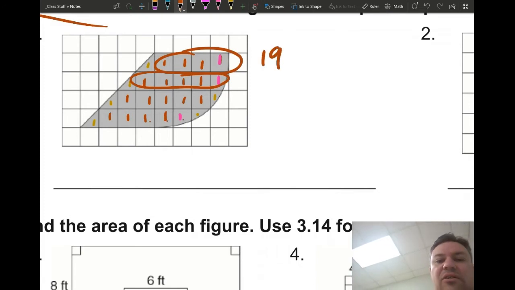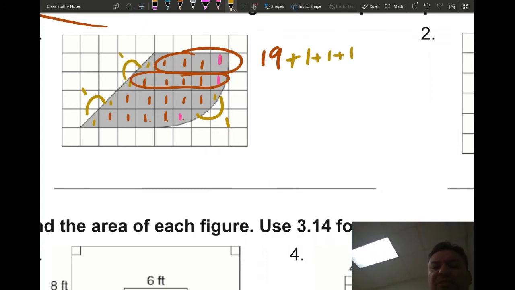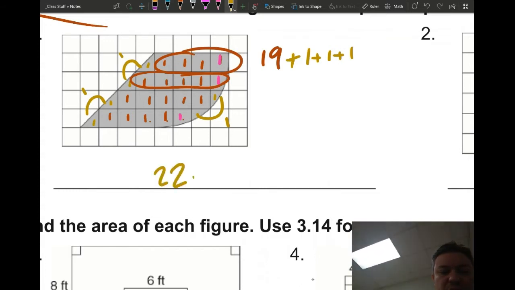So 19 whole or almost whole ones. Then I'm gonna focus on the yellow ones. These two are gonna make 1, plus 1. These two are gonna make 1, plus 1, and these two are gonna make 1, so plus 1. 19 plus 3 is 22 units squared.